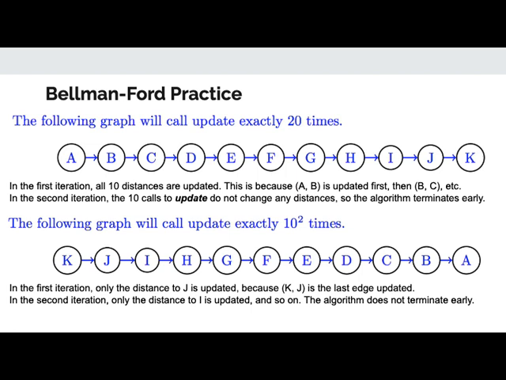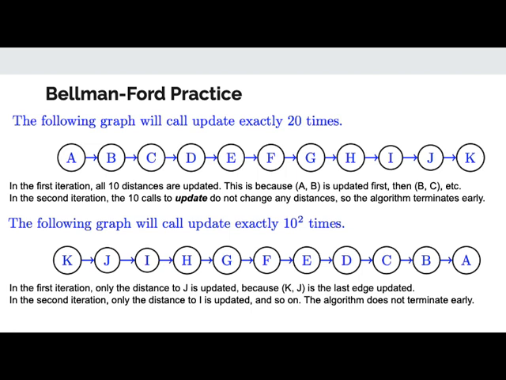But what about the second iteration? For the second iteration, the same thing is going to happen because we don't have any information from B all the way to I yet. So when we examine alphabetically from A to H, the distance is still going to remain as infinity.